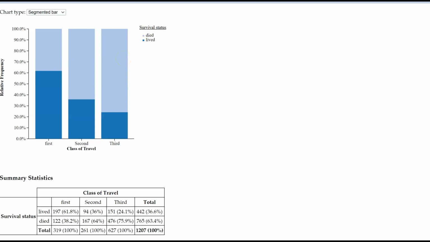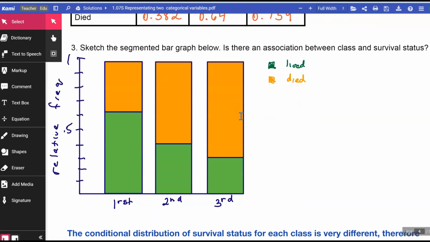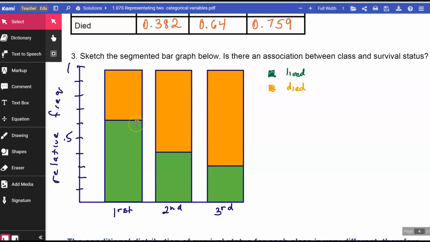And you should be sketching it on your papers. And this is how mine look. And again, I find it easier when I'm making segmented bar graphs to actually set it up first. Set up 3 equivalent rectangles. Make sure your X and Y axis are labeled as well.